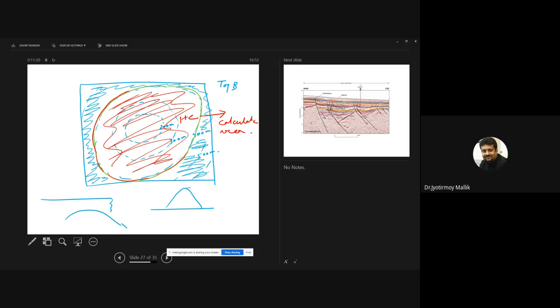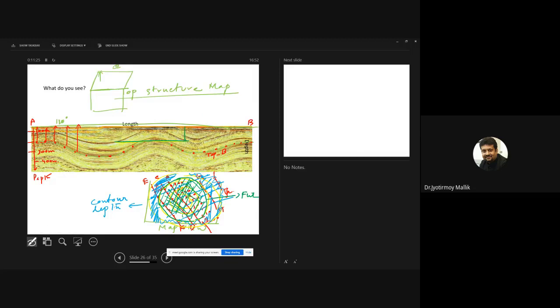Okay. And here I said that I have drilled a well. Maybe the well is here. And then the well had, for example, a gamma ray log, and you found a reservoir just beneath this top reservoir.